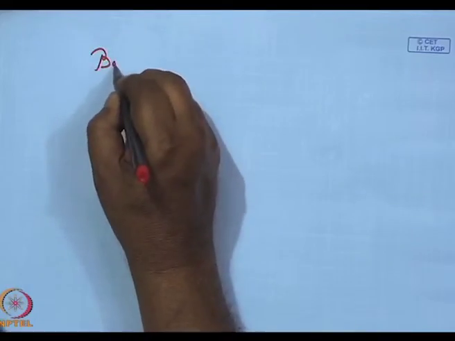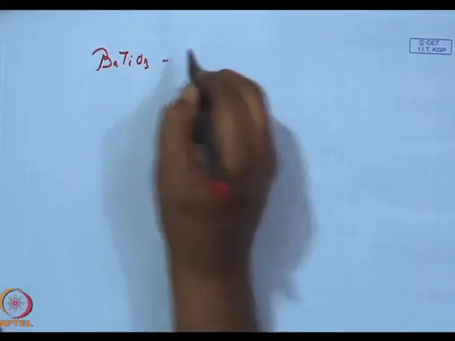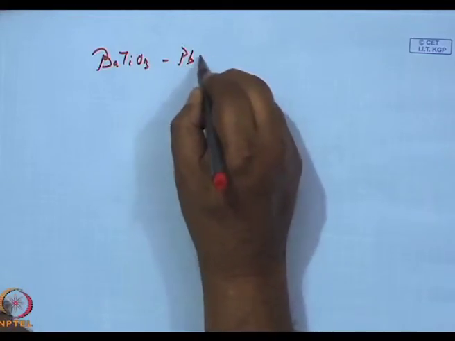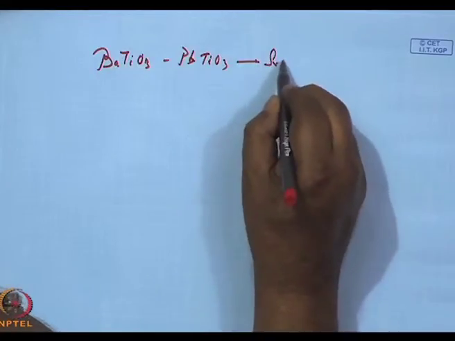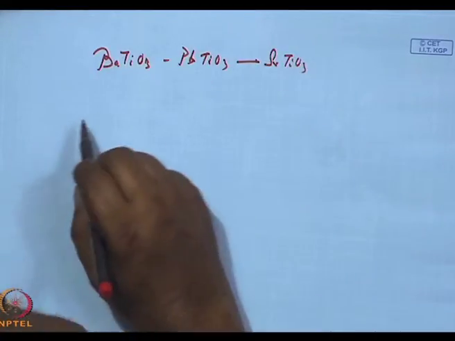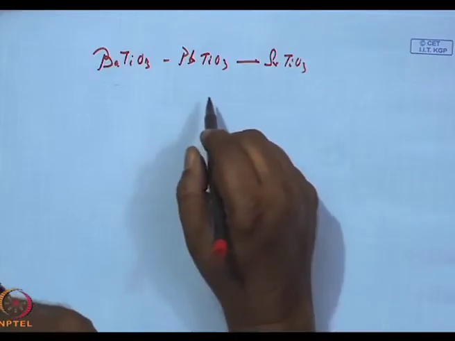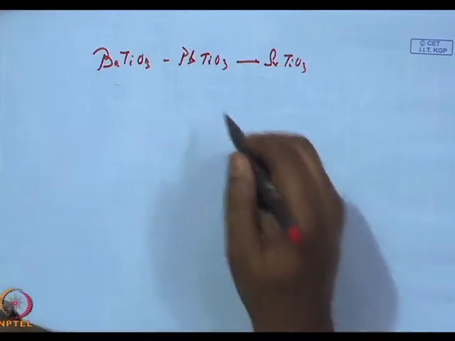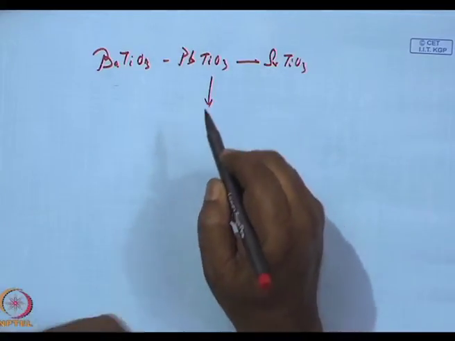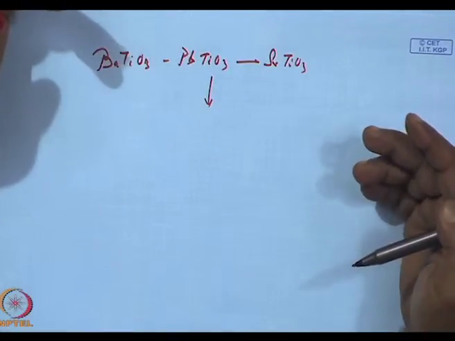This ability to deposit say complex systems like BaTiO3, PbTiO3, SrTiO3, all of these are titanates, and we have got alkoxides of these and they can be processed.